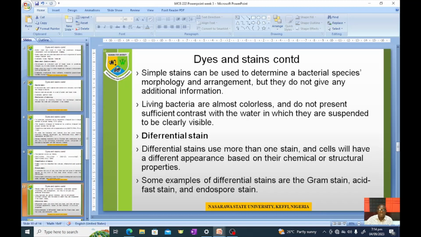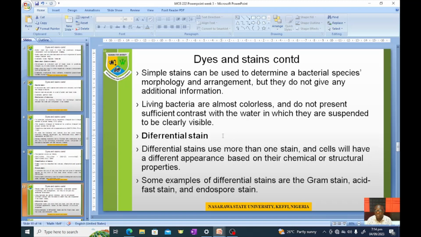Differential stains are the second of our classifications, having treated the simple stain. Differential stains use more than one stain to give a different appearance based on the chemical or structural properties of the cells in question, vis-a-vis the basic components of the stain, whether acidic or basic.